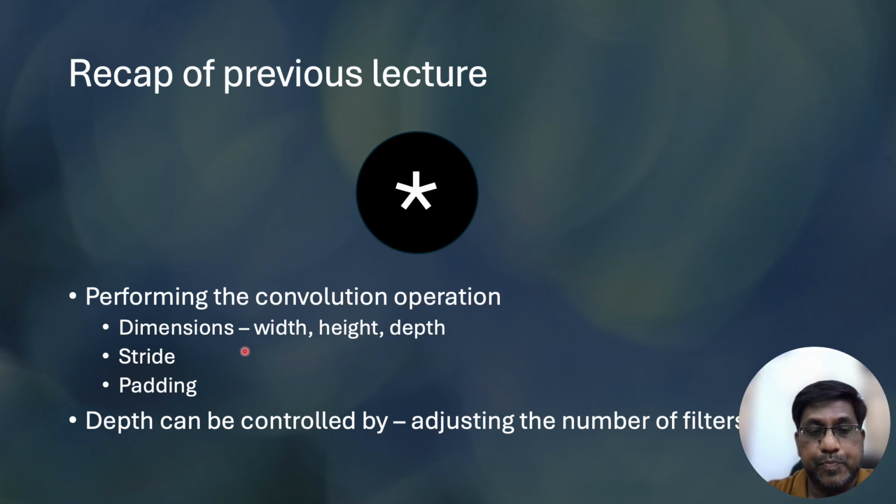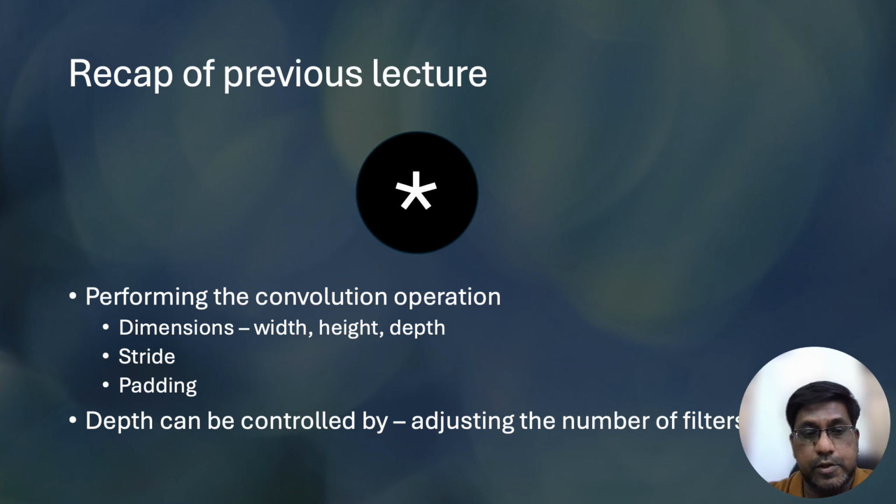That means the dimensions that we get at the output can be controlled by controlling the size of the stride, which is the number of pixels by which the window jumps across as it moves along the image. And we also saw how we can use padding to control the dimensions of the output image.